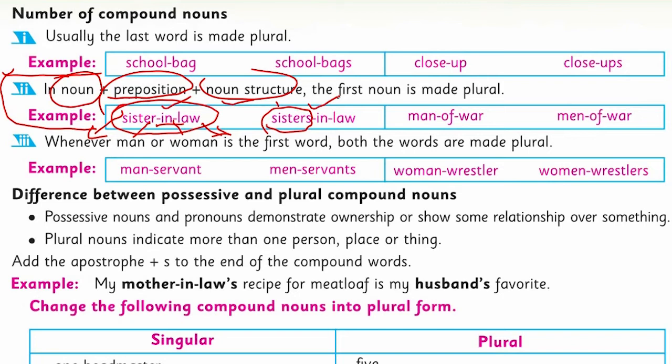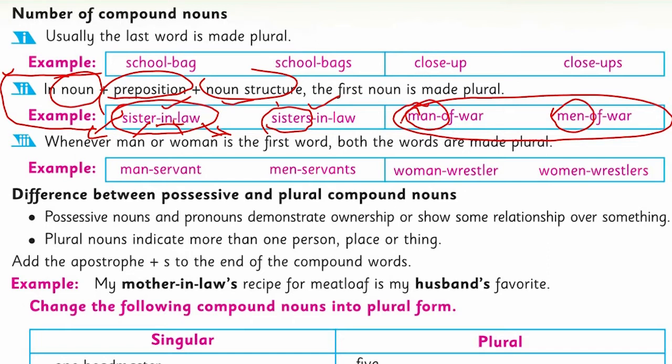Only in the noun. As you can see here, man-of-war. We can't add s to man because it's an irregular noun. This is the singular form and this is the plural form of man. There is a difference between these two, only in spelling.